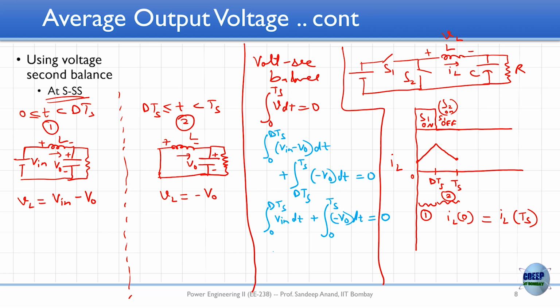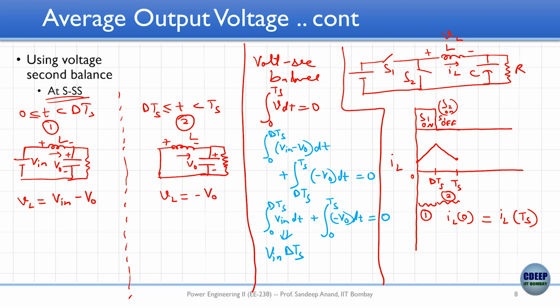Now, what would the first integral be equal to? It will be equal to Vin times dTs. Is that fine? The first integral will be equal to Vin times dTs if Vin is constant, right.